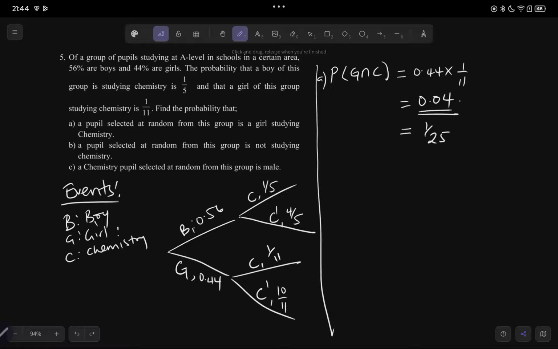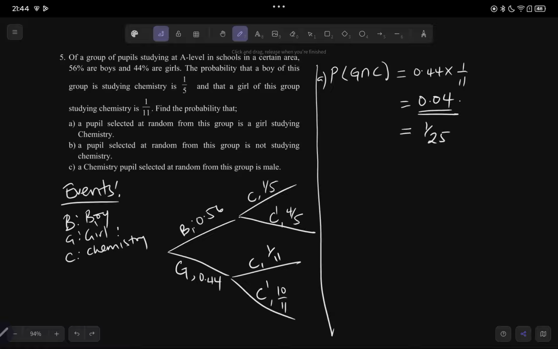That is the of a group studying A level in schools. That is number 8. Number 8. Yes, 1 in 25 is okay.